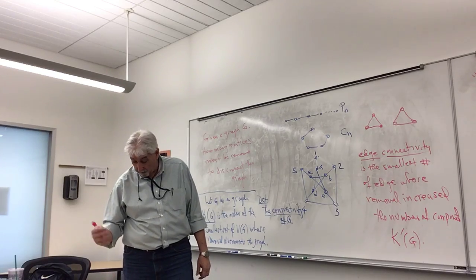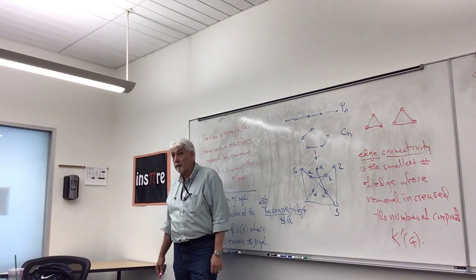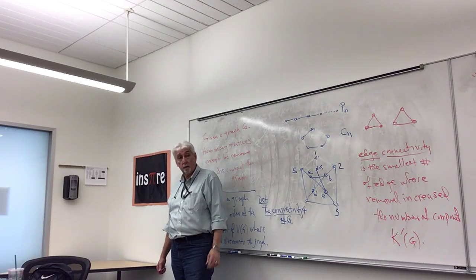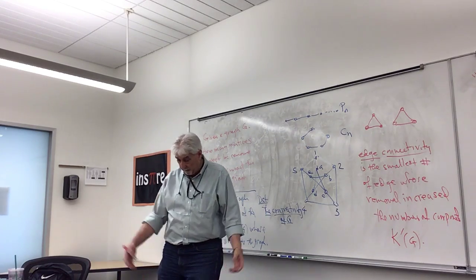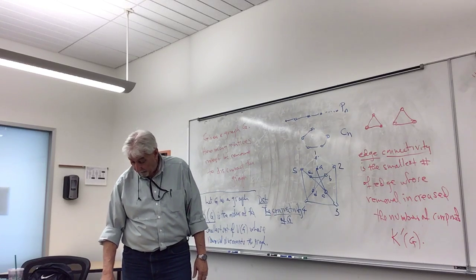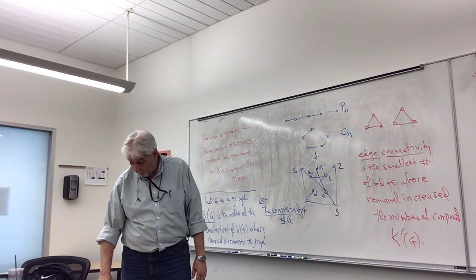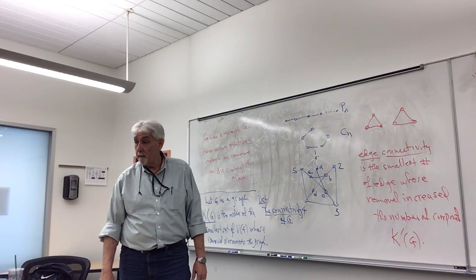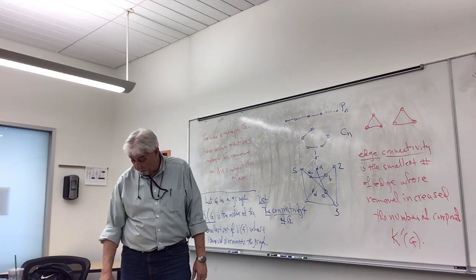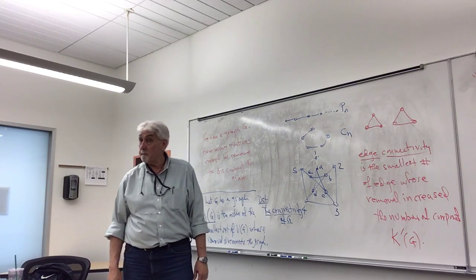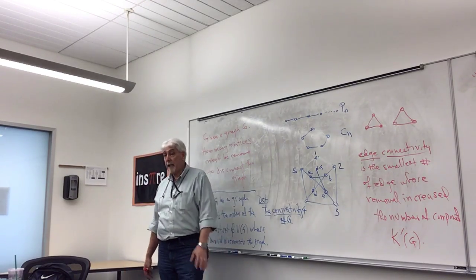Can you give me a bound on, let's start with, the edge connectivity? 3. So I pick any one of the vertices, I look at vertex A, and I'm going to remove AW, AU, and AB, those edges. And that disconnects A from B, C, V, U, W. So it's at most 3.